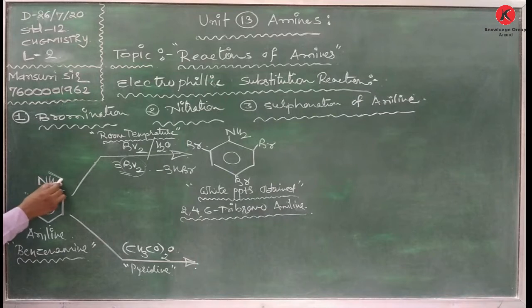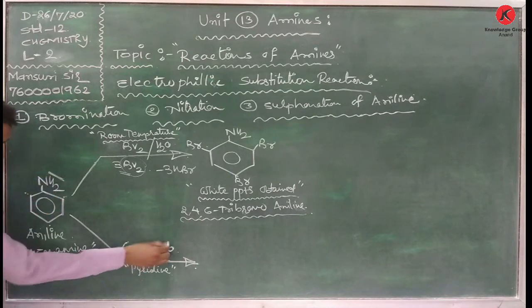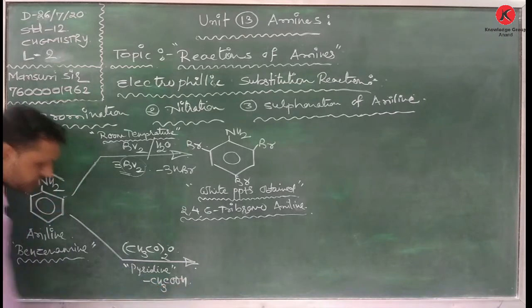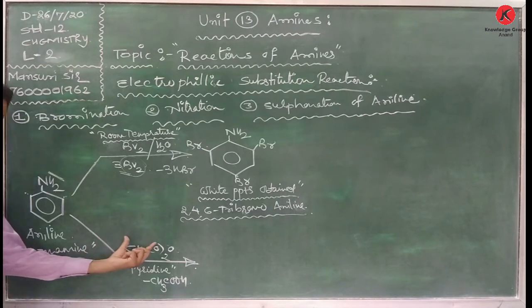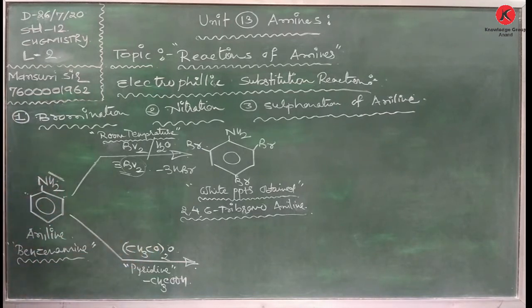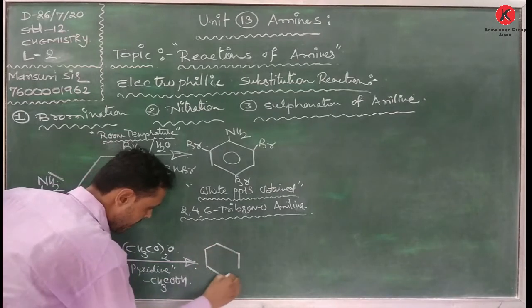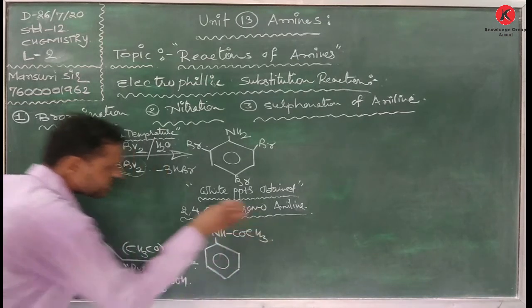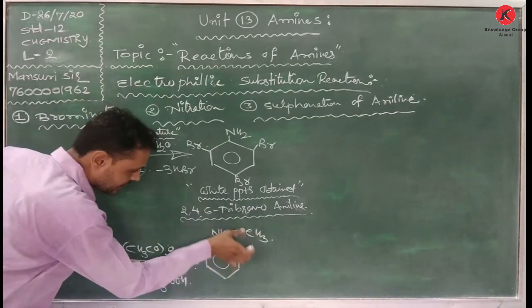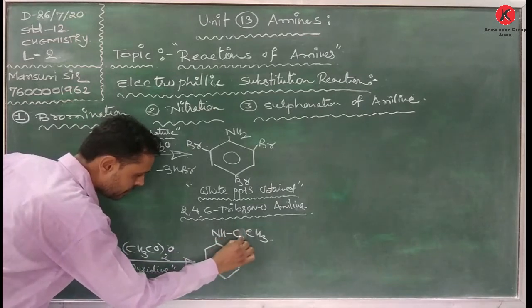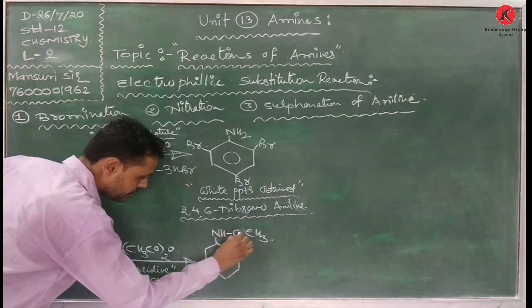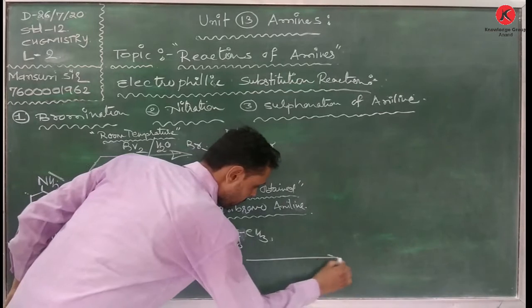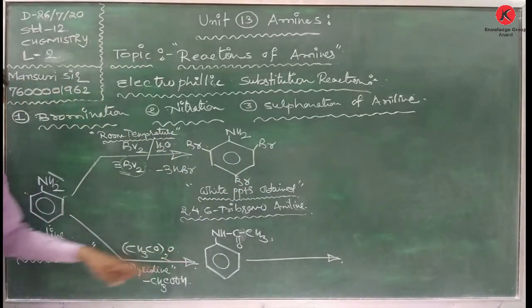Then the hydrogen of the amino group is removed with acetate, that is why acetic acid will be removed, and this acyl group will be attached with the NH. So acetanilide, NHCOCH3. In other words, you can write this structure in this manner, right? So acetanilide is obtained.